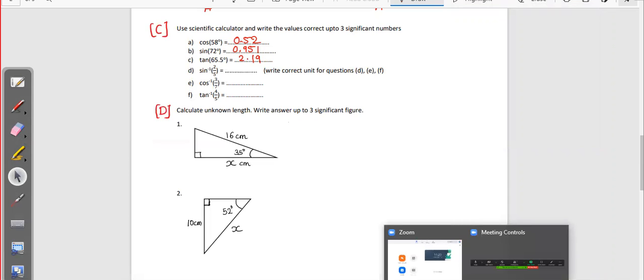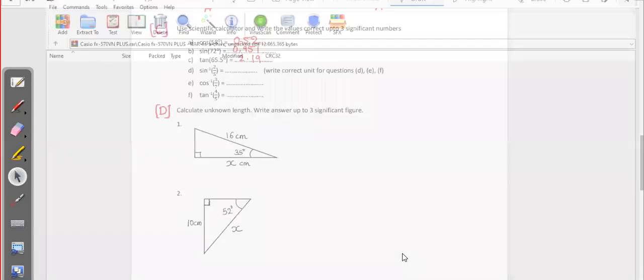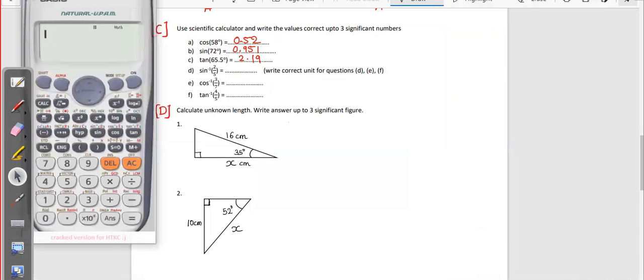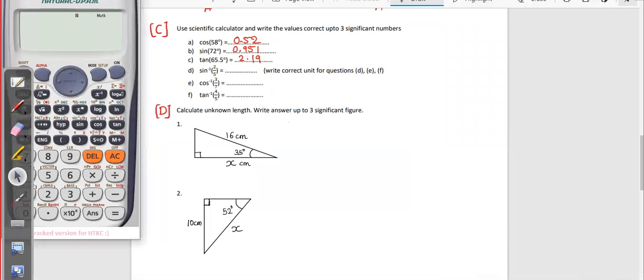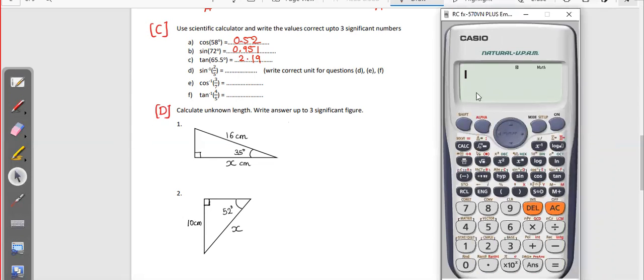Let us again solve. Then we have to find the sine inverse, cos inverse. Now you see how to find the sine inverse, cos inverse. You have to click on the shift button first, and then click on the sine button. So you will get that symbol, sine inverse of 1.